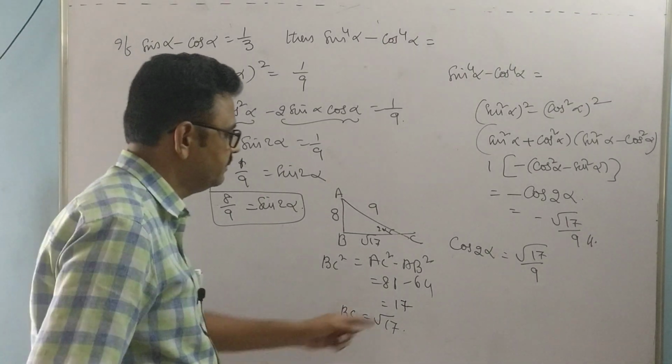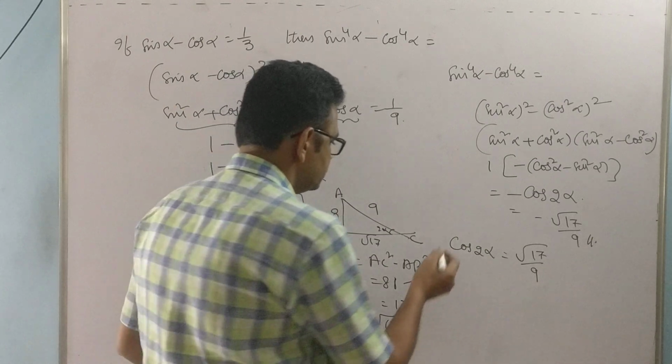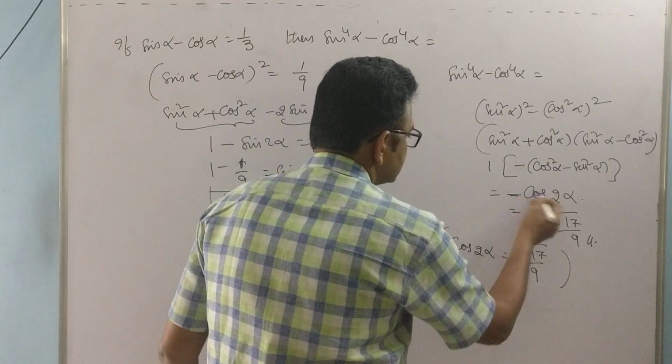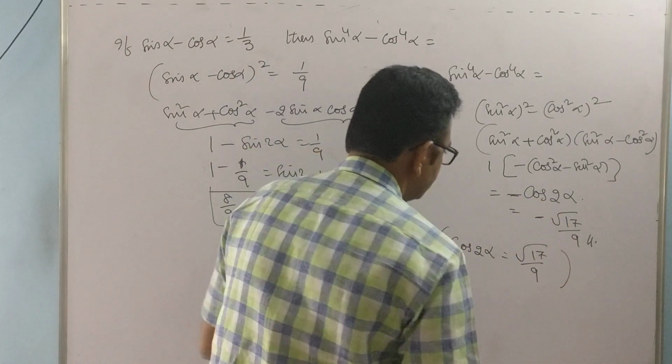So cos 2 alpha value is this, and now we have to find minus cos 2 alpha, which is minus root 17 by 9.